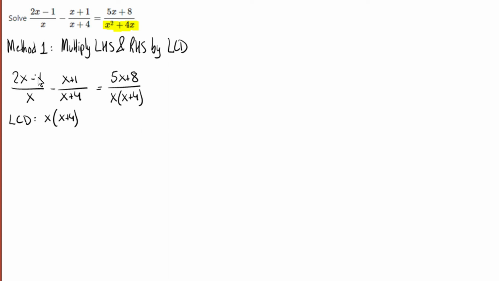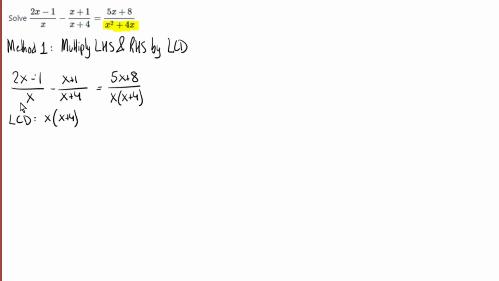There are three terms, first, second, and then the third term on the right hand side. We're going to be multiplying each term by the lowest common denominator. What that will allow us to do is eliminate the quotients, eliminate the denominators, which is going to simplify things when it comes to solving this.